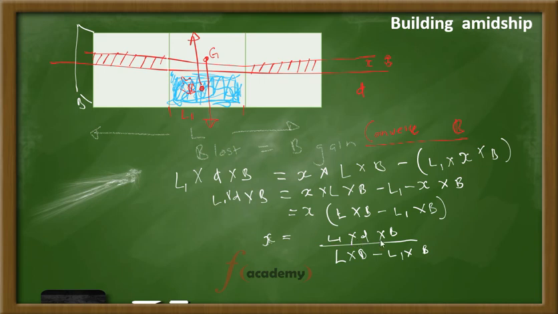L1 times D times B, what is this? It's a volume.